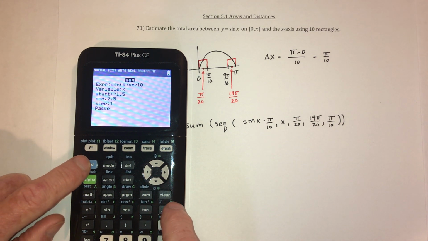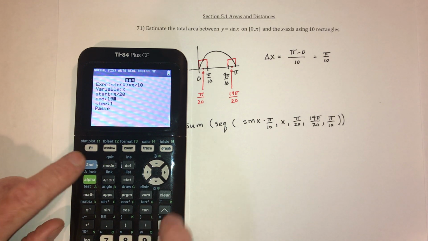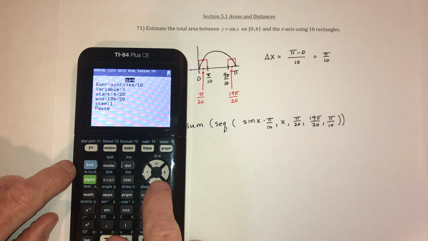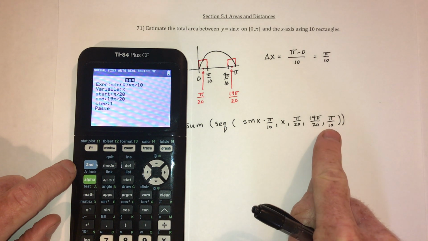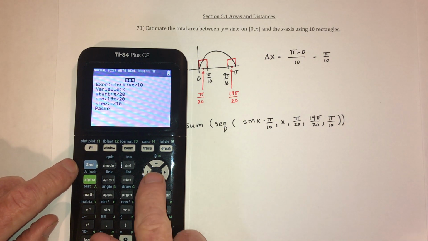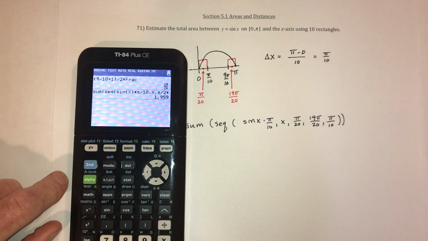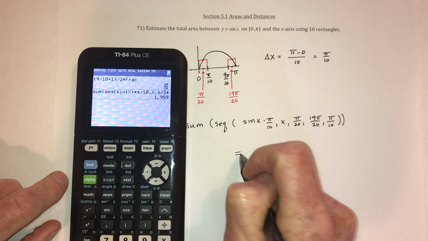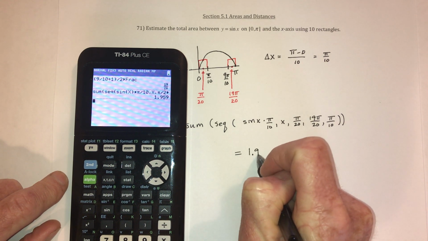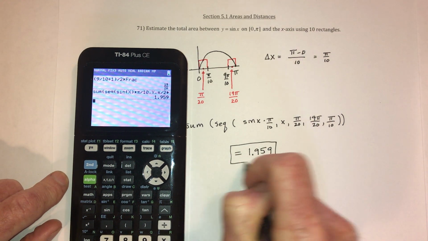Go from pi over 20 to 19 pi over 20. And the step means the delta x, pi over 10. Then this will put it on the home screen, hit enter, and it's 1.959.